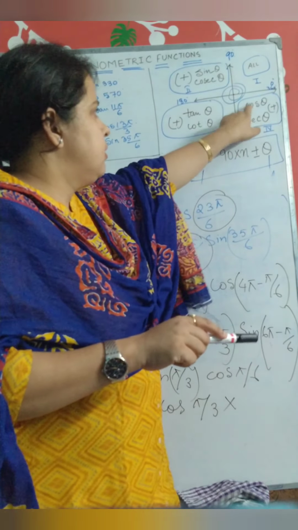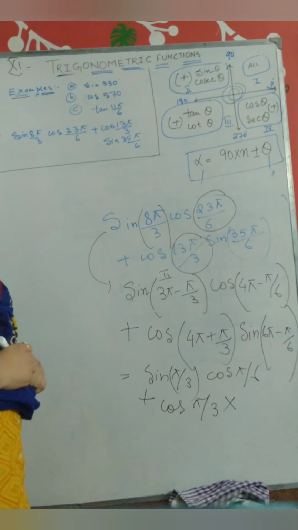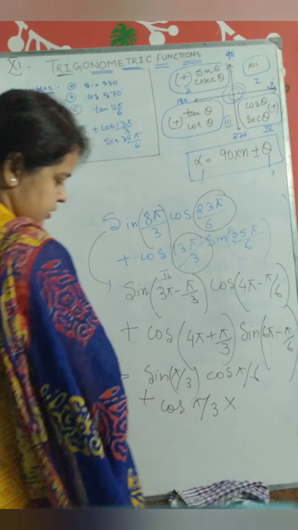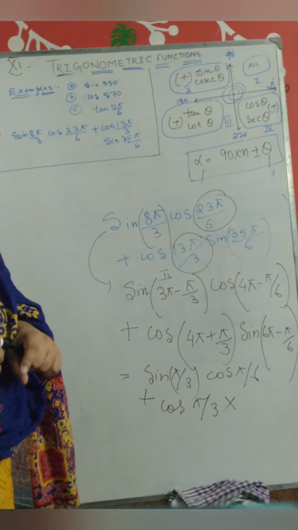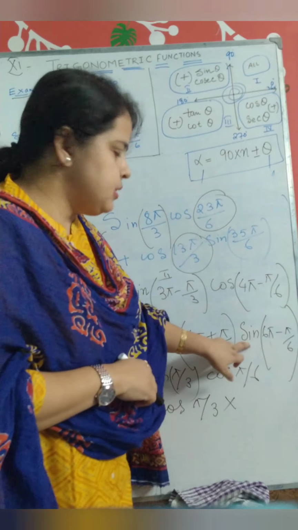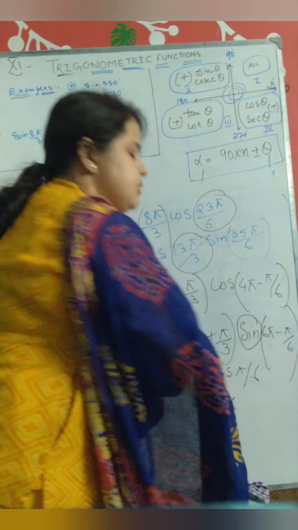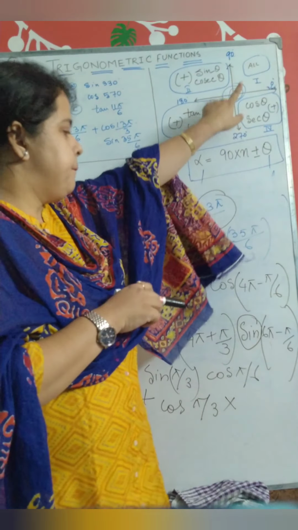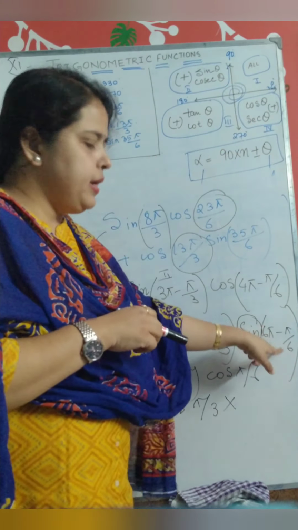Where? Fourth quadrant. Getting a negative sign because it is sine. Look very carefully: 6 pi, but minus pi by 6.